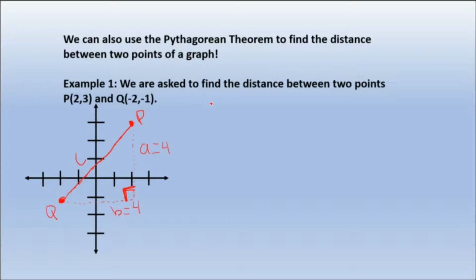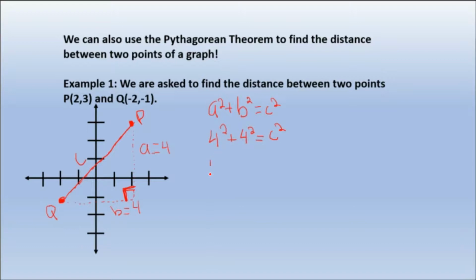So now we can just use our Pythagorean theorem, which is still a squared plus b squared equals c squared. Alright, so we have a is 4, square it. B is 4, square it, and we have c squared. Now we just have to simplify the left side and solve for c.